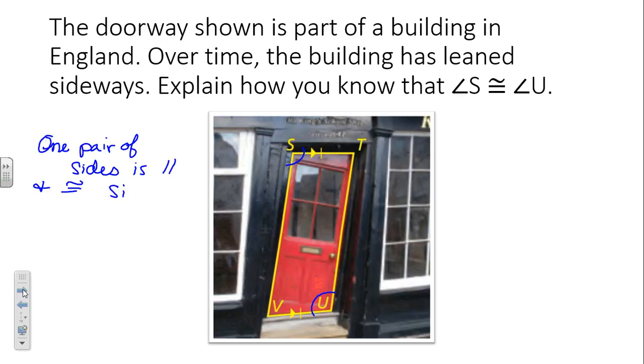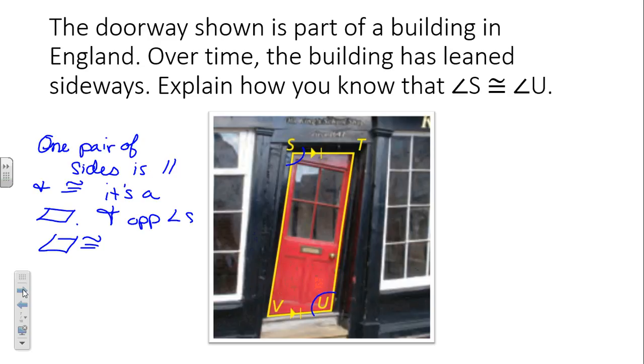So it is a parallelogram, right? And opposite angles of a parallelogram are congruent. That's what we're looking for in your rationalization when they ask you to explain.